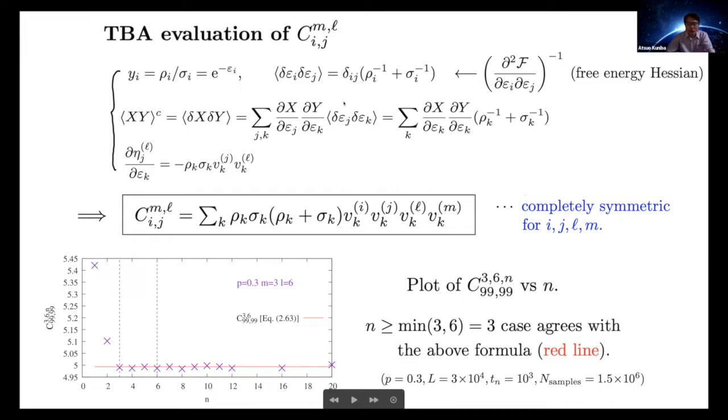And we need this fluctuation, but this can be found by considering the free energy Hessian computed by TBA, which was done using the TBA free energy that I explained several pages before. And the result is known, this.